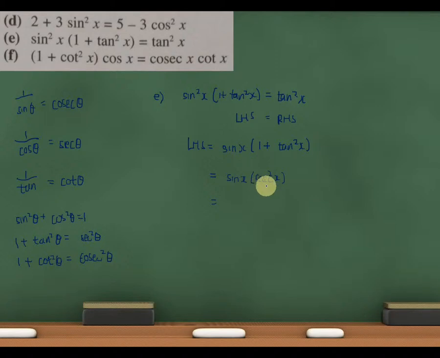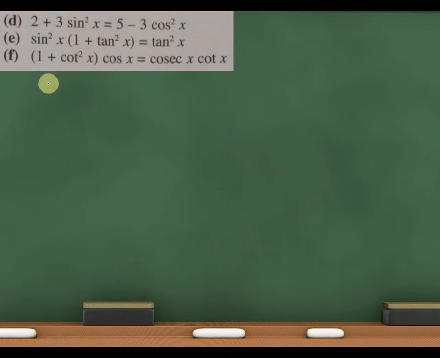We need to have some denominator, so this will help us to get the denominator. So it will be sine x over, oh sorry, I missed out the square for the other term, sine square x, over the inverse, cosine square x. There you go. See, you have proven this equals the right hand side. Proven. Done. Next.